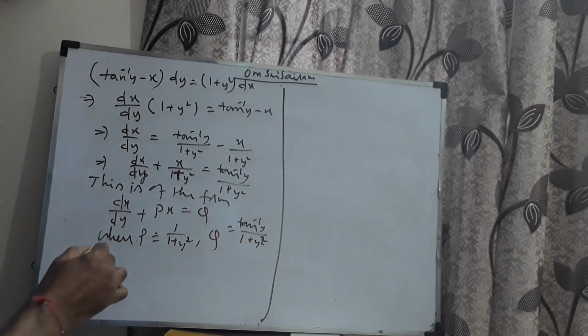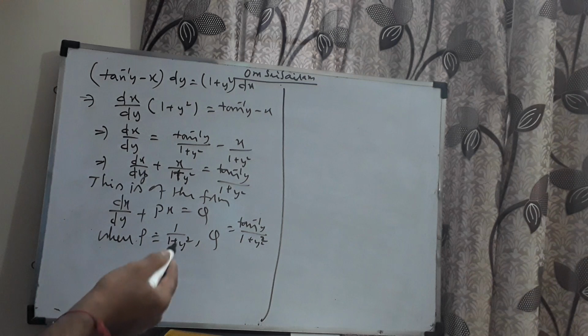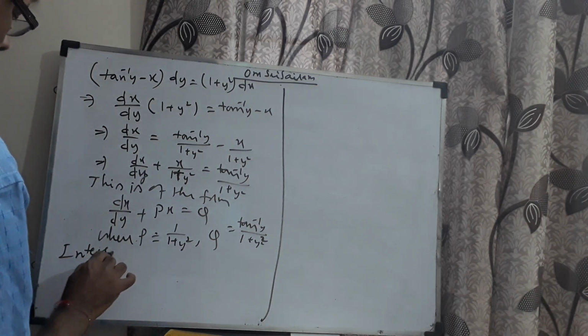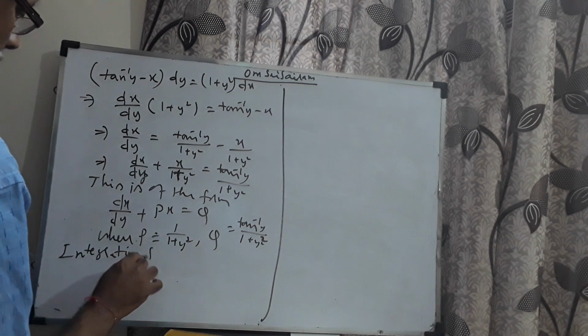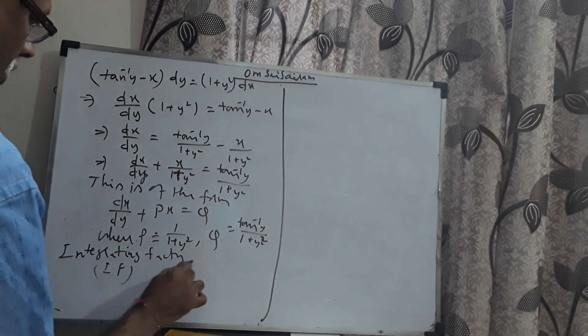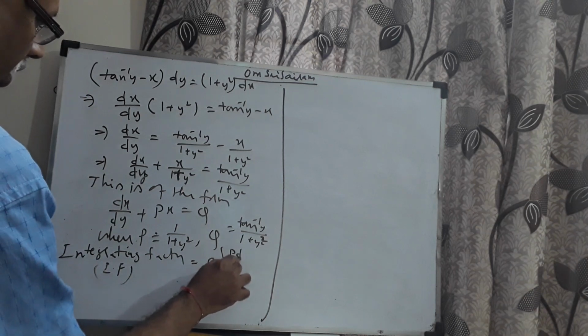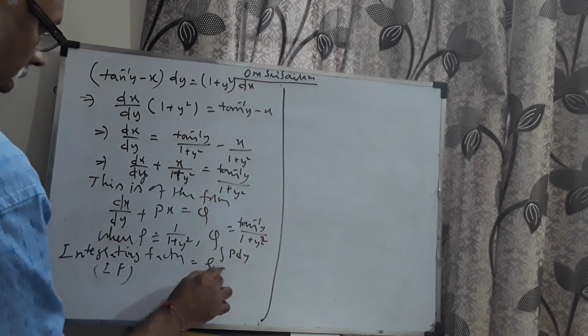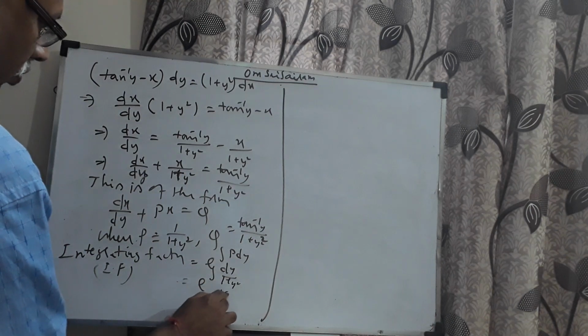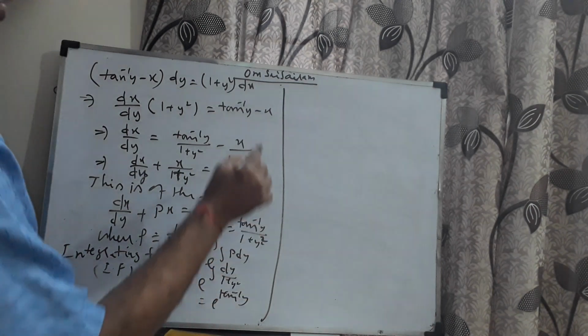Coefficient of x is nothing but p, the quantity on the right hand side is nothing but q. Now integrating factor, that is I.F., is e power integral p dy, e power integral dy by 1 plus y square, which is in fact e power tan inverse y.